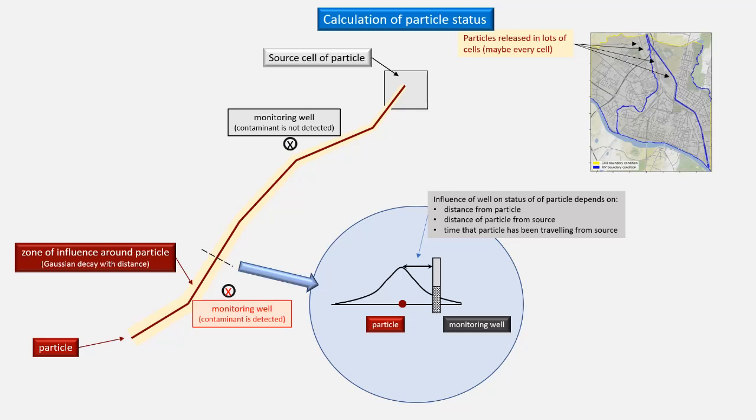If it passes close to no type of well, it has neither a detect status nor a non-detect status. Well, it has a 0 for both of those. If a particle passes close to both a detect well and a non-detect well, it is endowed with an inconsistency status. That can't happen. The particle either carries mass with it or it does not.